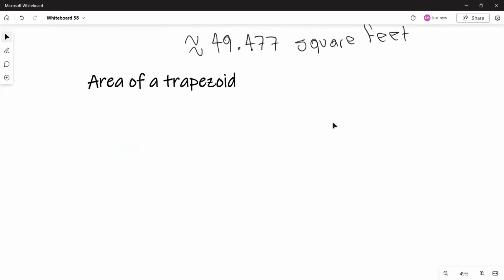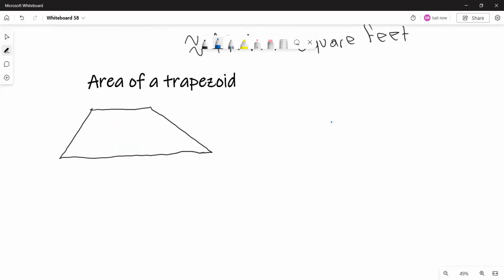Let's suppose we have a trapezoid. The trapezoid has a given height, h. It has a lower base B1 and an upper base B2.